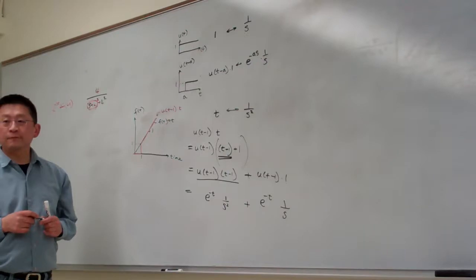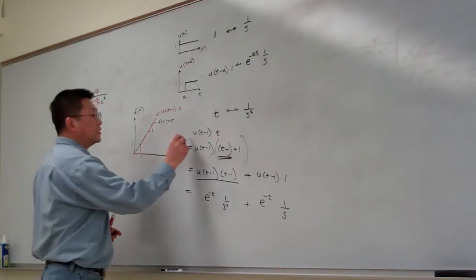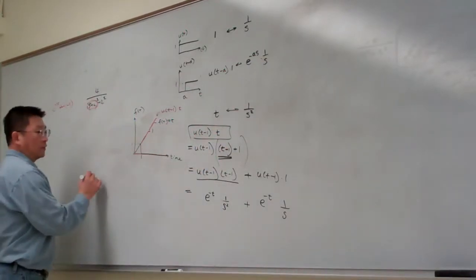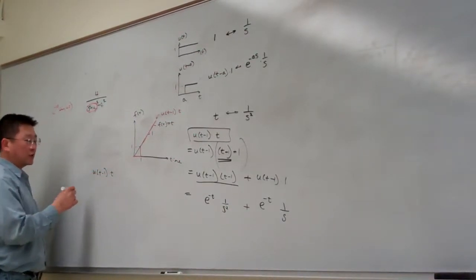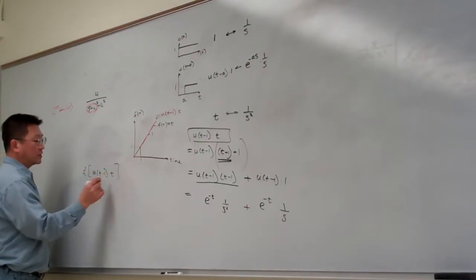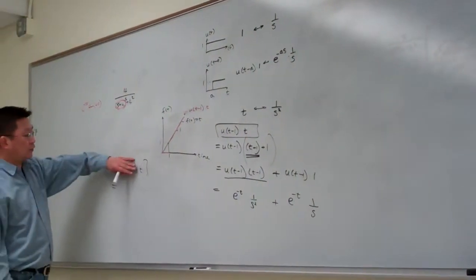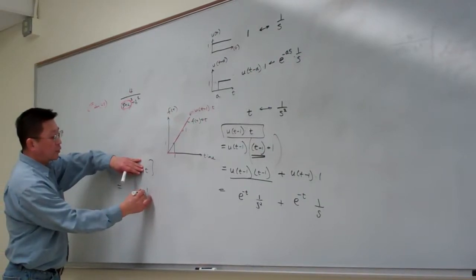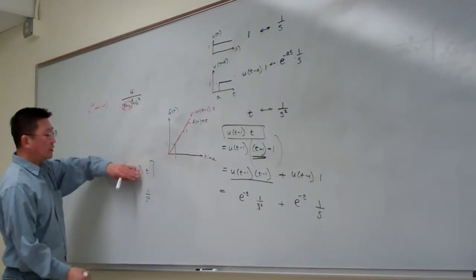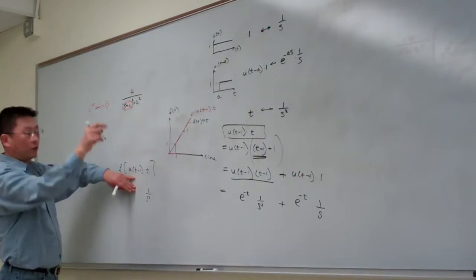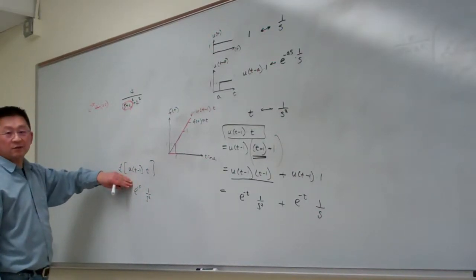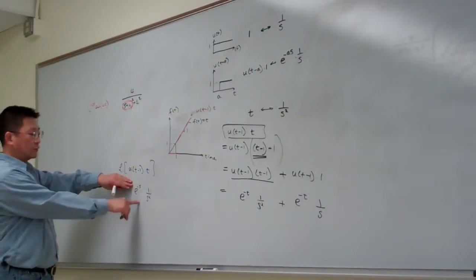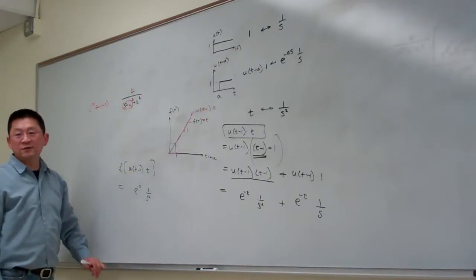Okay. For these questions, if you do u(t minus 1) times t and take the Laplace transform by simply looking up that t has Laplace transform 1 over s squared, and then multiplying with e to the minus s, no, this is not correct. Can you see the difference between the wrong solution and the right solution?